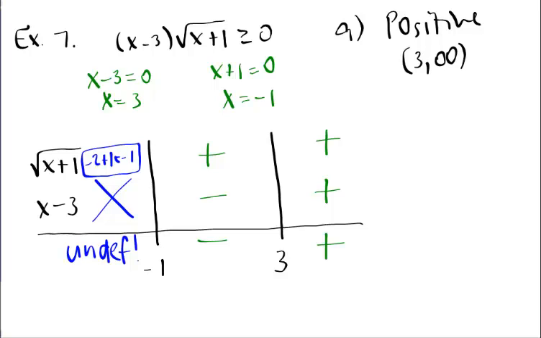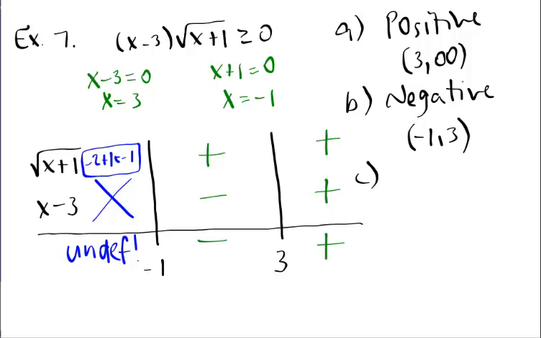From 3 to infinity. Where is it negative? From negative 1 to 3. Where is it undefined? From negative infinity to negative 1.